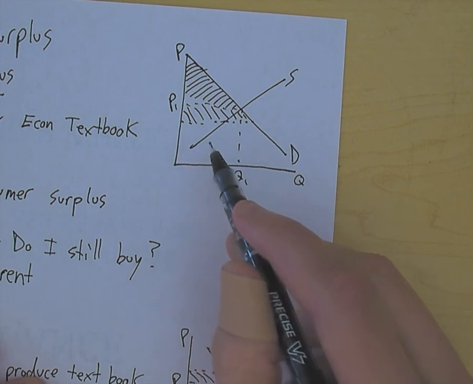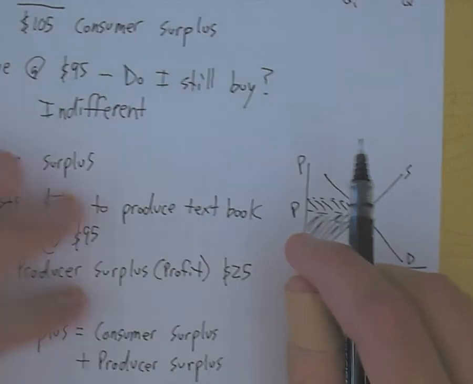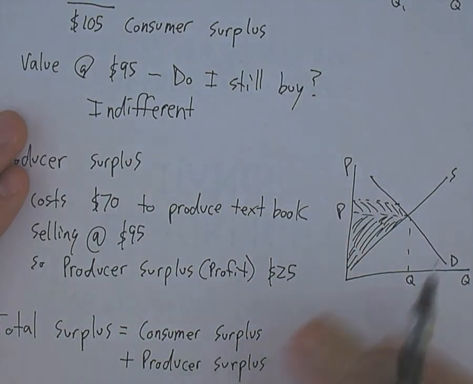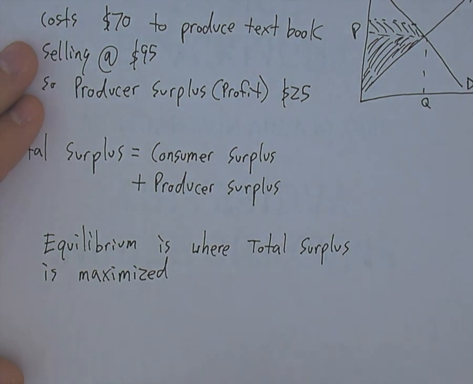And so again, the place where we maximize our total surplus, and total surplus again is consumer surplus plus producer surplus, is at equilibrium. The market wants to get back there, and it benefits society for being there, because when we maximize total surplus, we're telling us that our society is getting the best benefit from both buyers and sellers combined. When in doubt, graph it out.